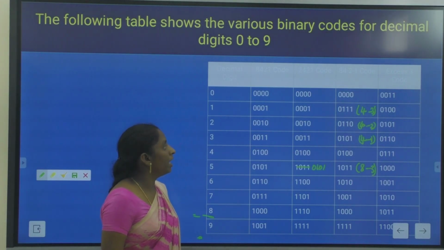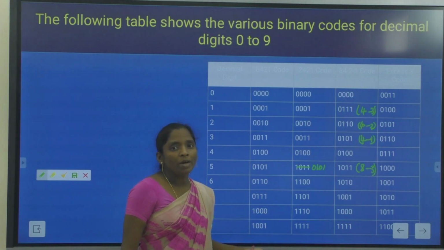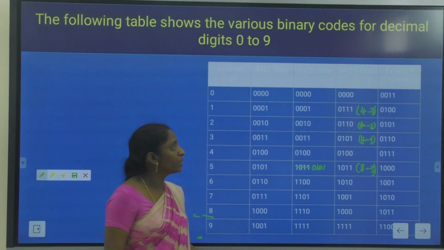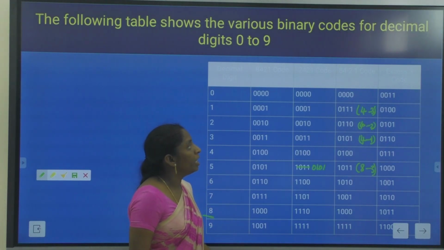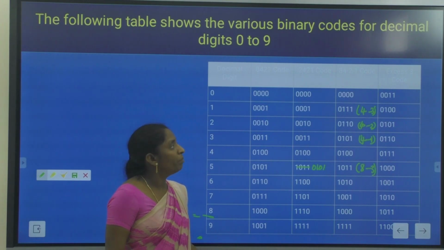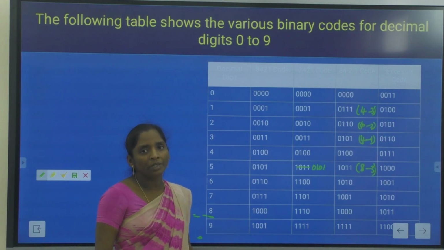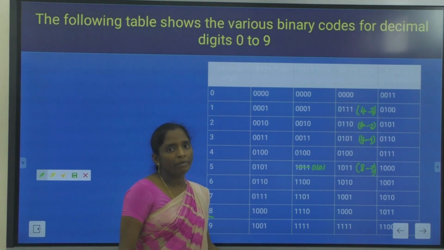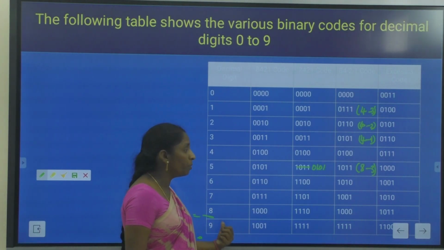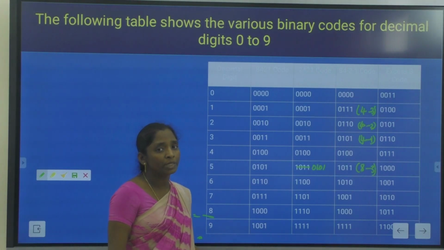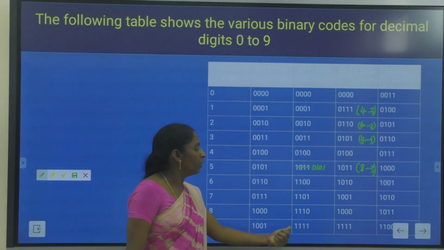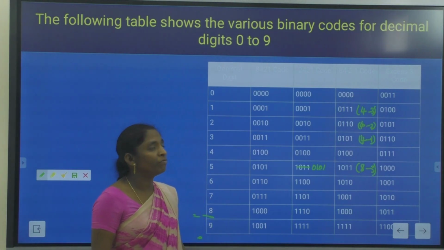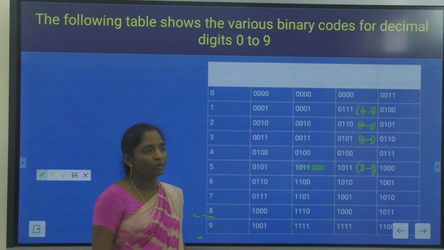To represent 9, 12 minus 3, that is 9, so all the positions are 1. 8 plus 4 is 12, and minus 2 minus 1 is minus 3, so 12 minus 3 is equivalent to 9. So to represent 9 in the 8 4 minus 2 minus 1 code, it is all ones. Okay, this is the 8 4 minus 2 minus 1 code.